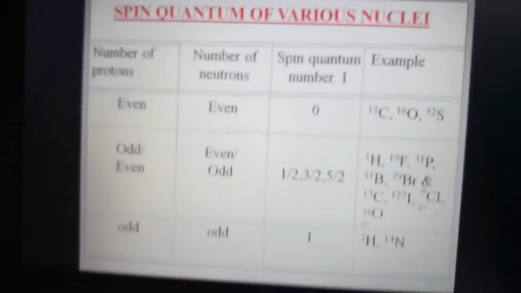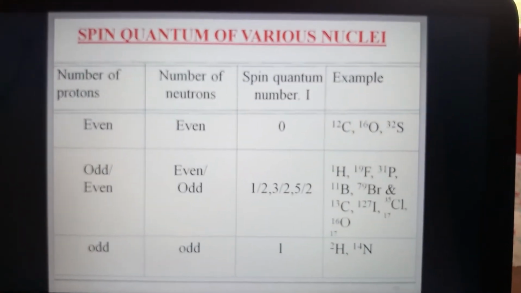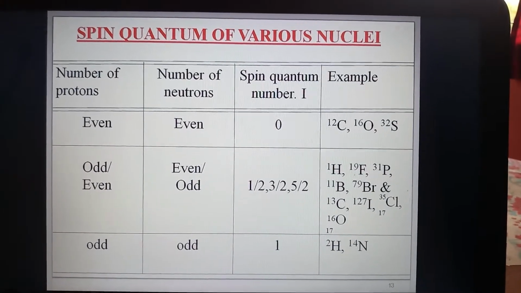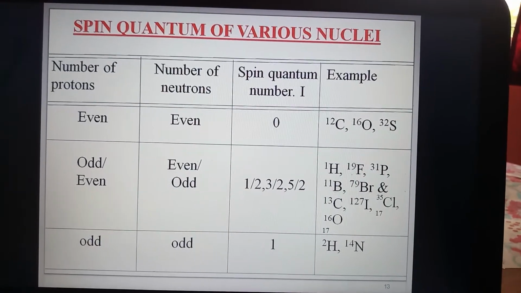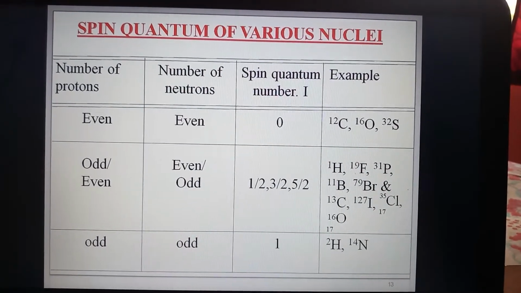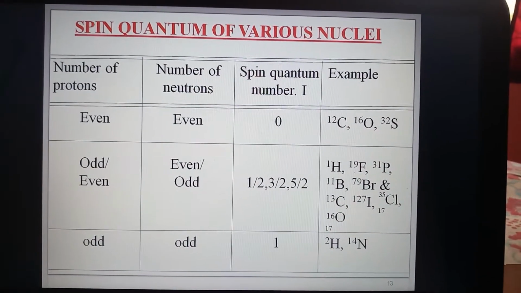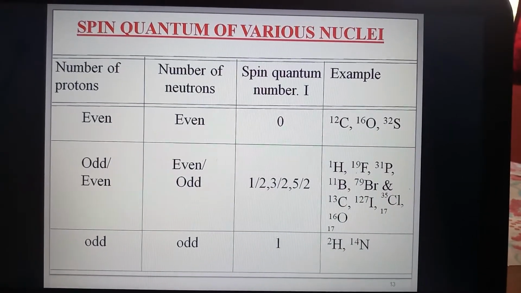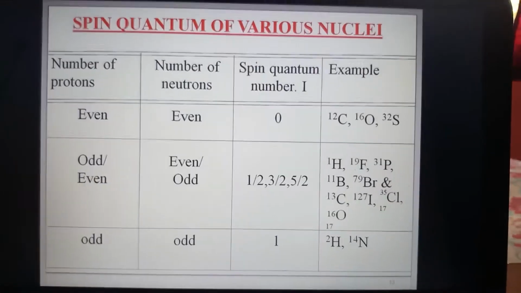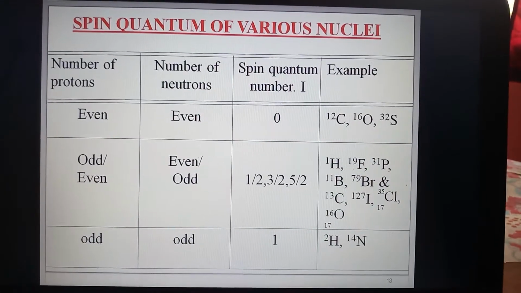From the table we can easily understand the spin quantum number of various nuclei. If the numbers of protons and neutrons are even, the spin quantum number, as we have known from our previous slide, is 0, for example 12C6, 16O8 and 32S16.